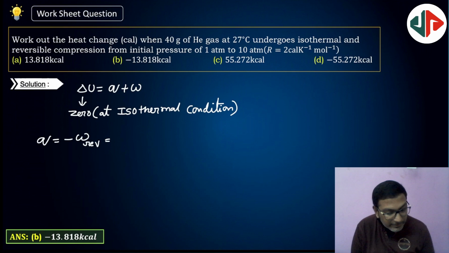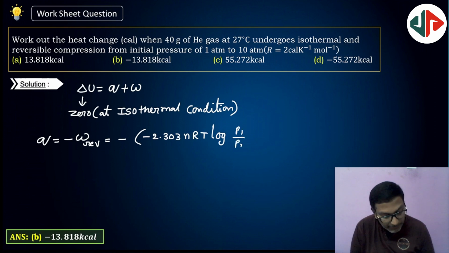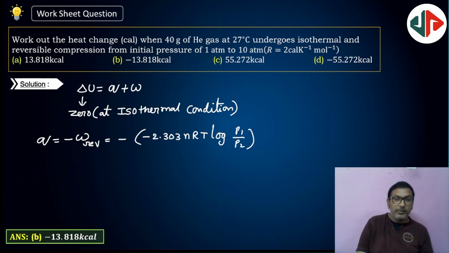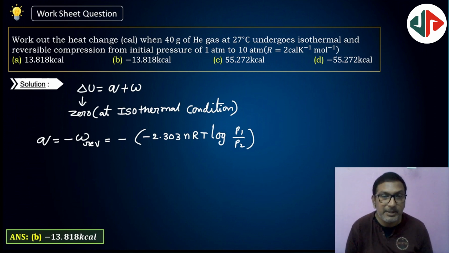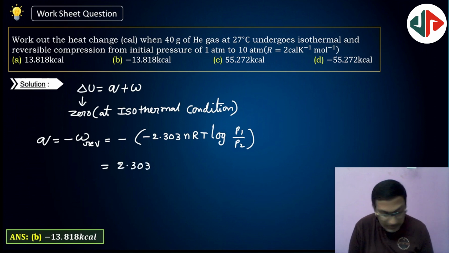which is reversible. So minus of minus 2.303 nRT log P1 by P2. So pressure increases means compression. Therefore it should be 2.303. So n means number of moles, 40 by 4 for helium.